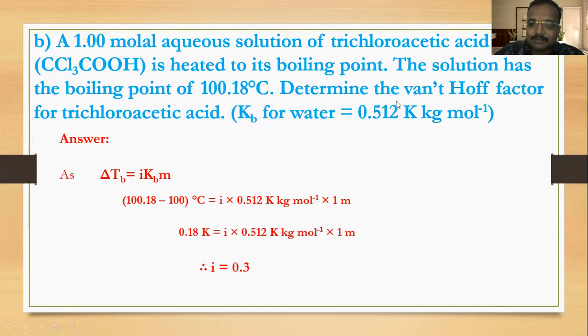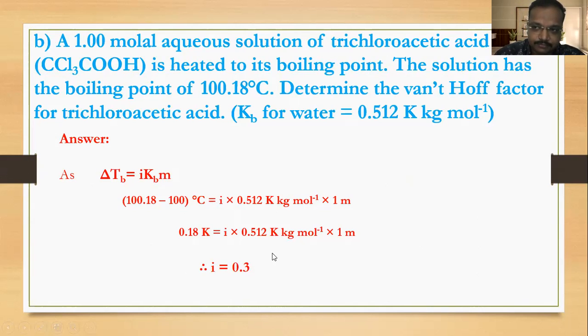So just a simple question. What is asked to find out? Determine the Van't Hoff factor for trichloroacetic acid. One more thing, children: whenever this i value comes less than 1, you must understand that association takes place. If it is more than 1, then dissociation takes place.